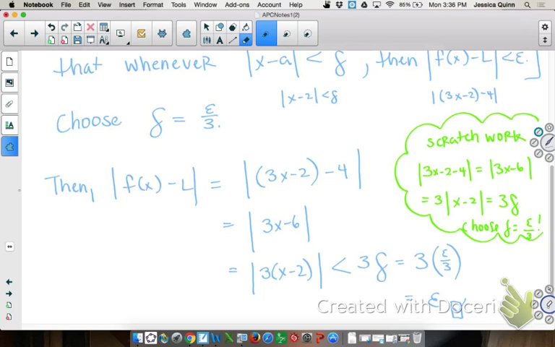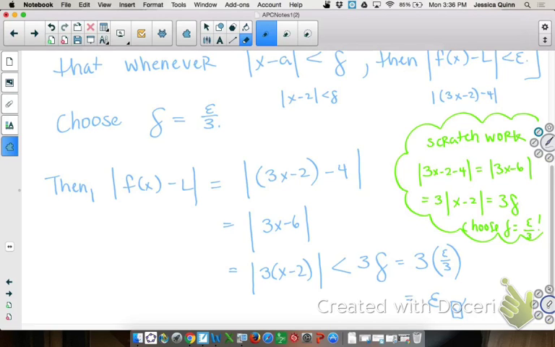Okay, so if I've got 3 times x minus 2, then it needs to be 3 times delta. What you want to figure out is what value of delta I could plug in so that I end up with epsilon at the end. So basically if I solve for delta, I would divide by 3. Okay, so let's see if that makes any sense when we go through the proof.